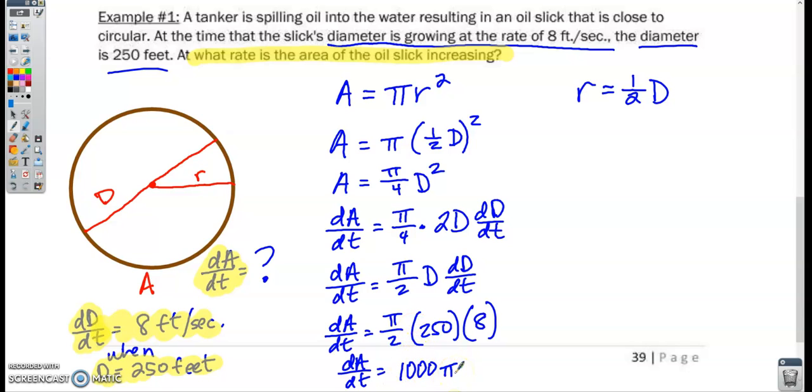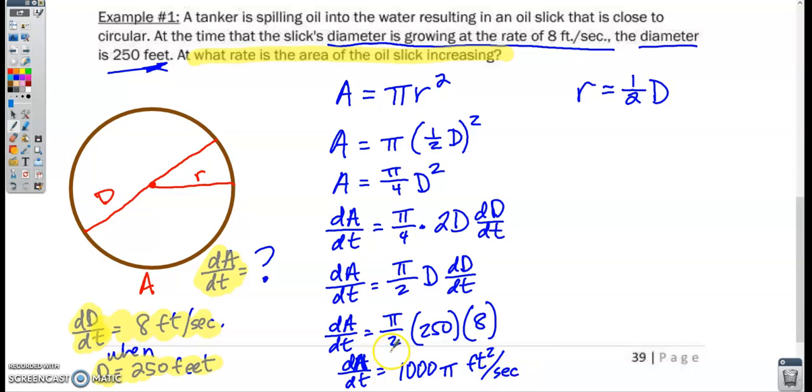And there's two different ways we can come up with the units here. We can use our common sense, or we can actually include the units in the calculation when we do this. Common sense: area of a circle in this context is measured in square feet, since the diameter is in feet. So dA is in square feet, and the time unit is per second.